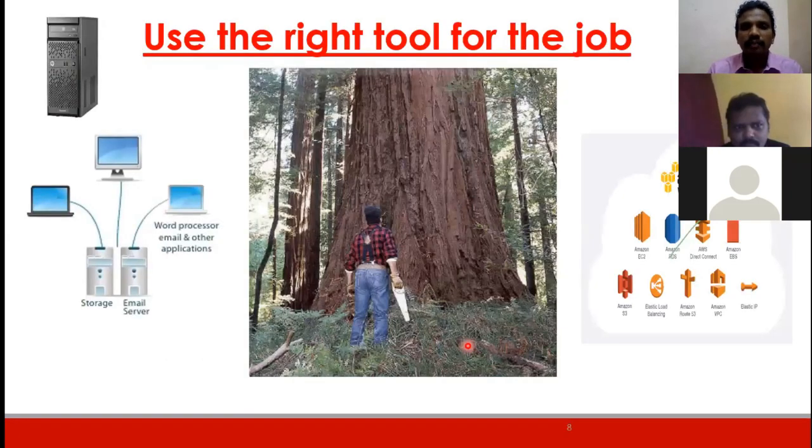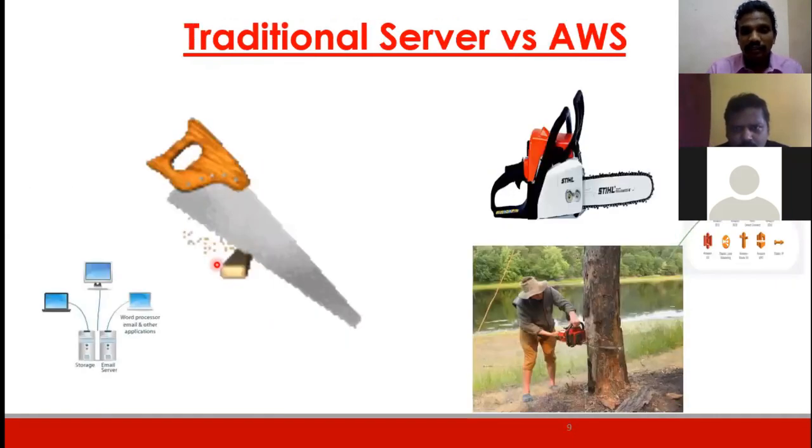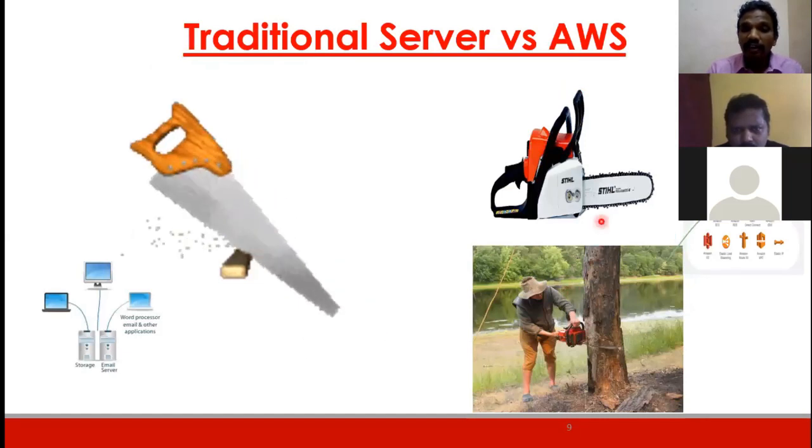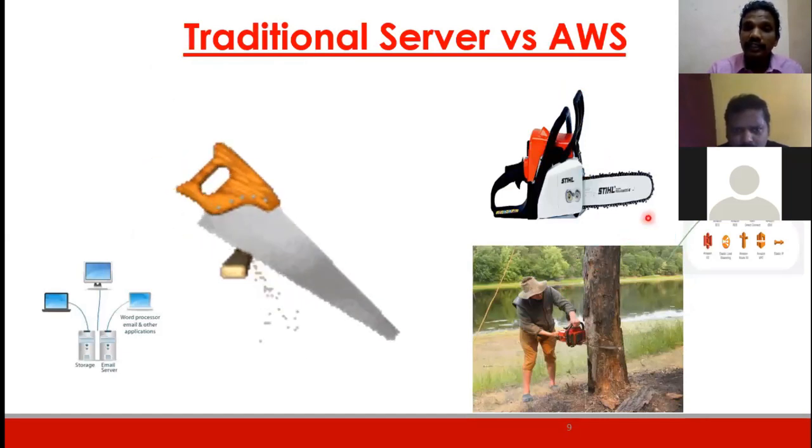There is a picture. Normally everyone says a picture is worth 1,000 words. There is a very huge tree. With the help of a small saw, if you cut the tree, it will take 10 days, 20 days, 30 days. For small wood, the saw is enough. If it's a large tree, then a power cut saw is needed.